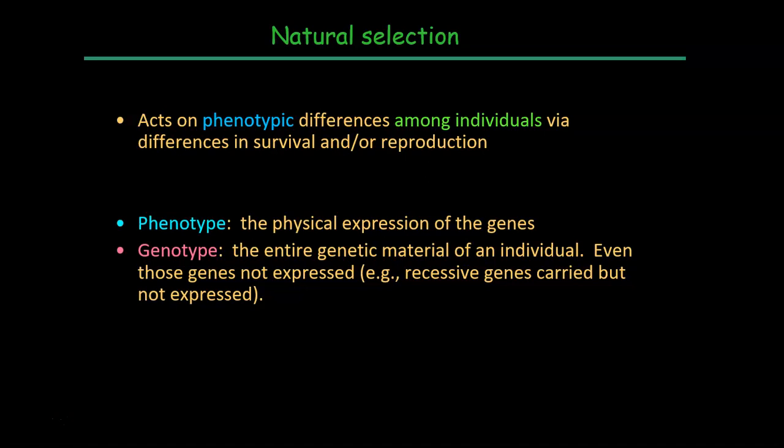Natural selection has nothing to say about that gene. It's only the genes that are expressed that natural selection can influence. And that's because natural selection is the interaction between the genes and the environment. And the intermediary there is, of course, the physical expression of those genes. So natural selection works on just the phenotype.